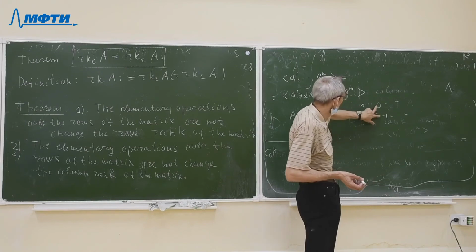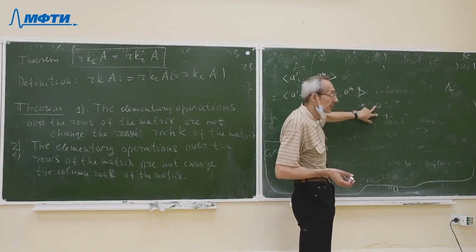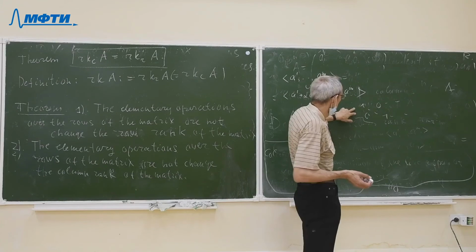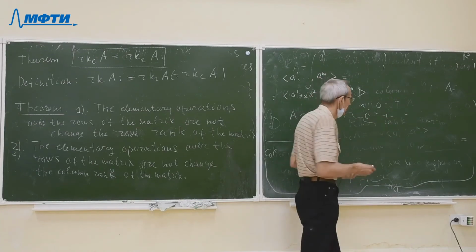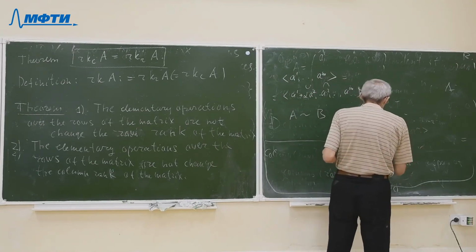These columns of this matrix form the basis in the set of the columns. So these elements are equal to 0.